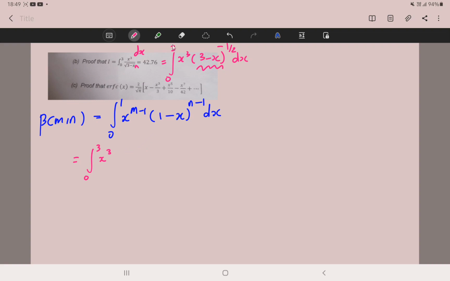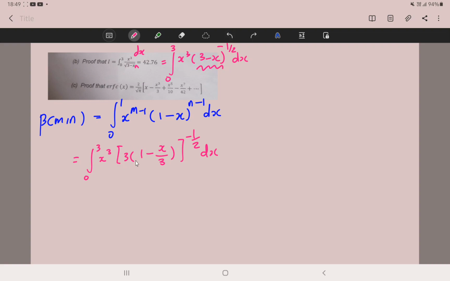We can factorize the 3: 3 times 1 minus x over 3, to the power of minus half, dx. When you multiply back, you get the original expression.